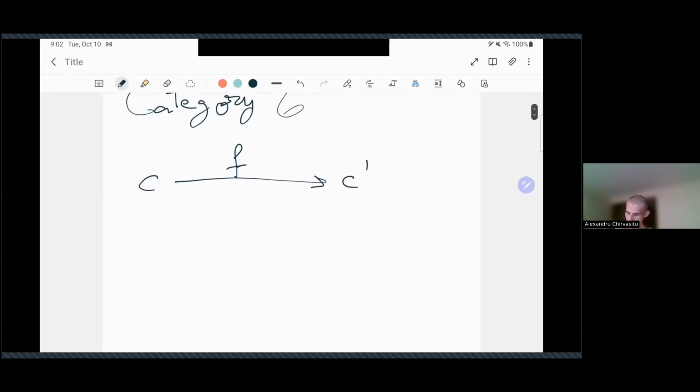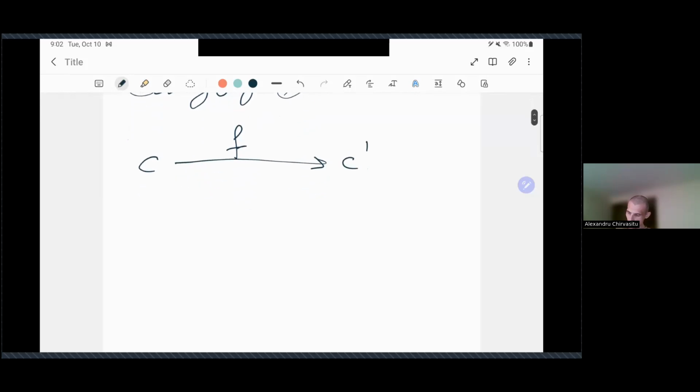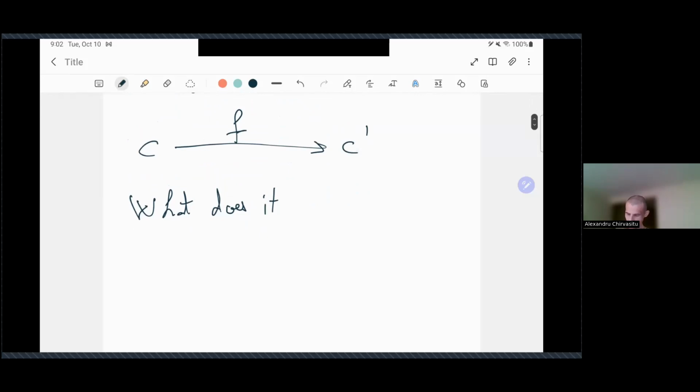And the talk is mostly about notions of what it means for F to have large image. So here's a question. What does it mean? These are not notions due to me. They go way back, right? The results of my own just have to do with applications of this.